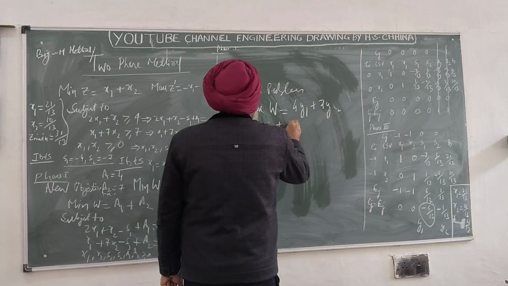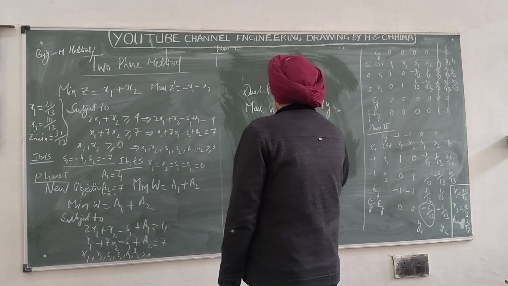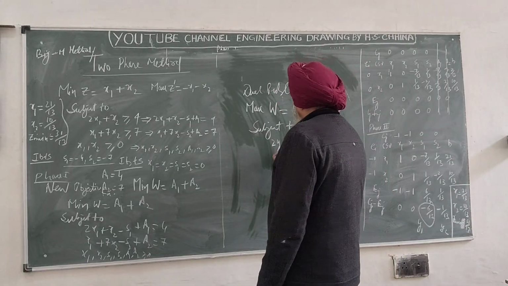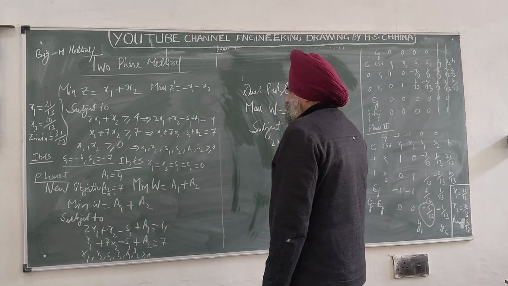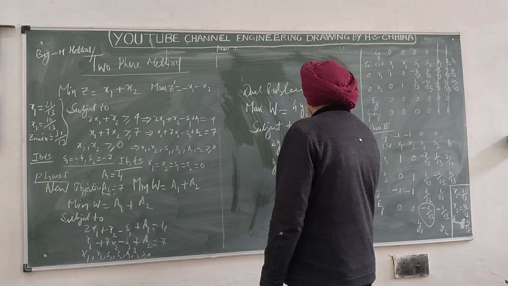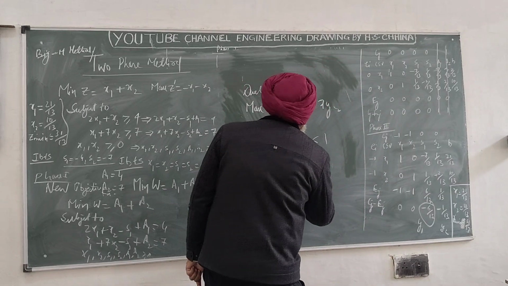Subject to, what is the subject to? This is 2y1 plus y2 less than or equal to 1, y1 plus 7y2 less than or equal to 1, y1, y2 greater than or equal to 0.